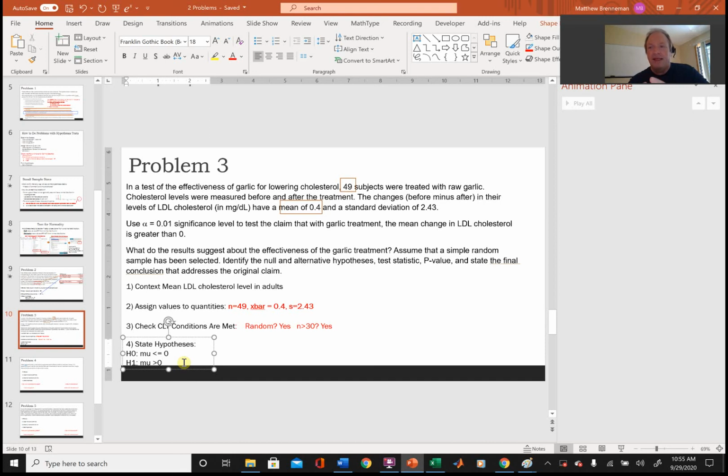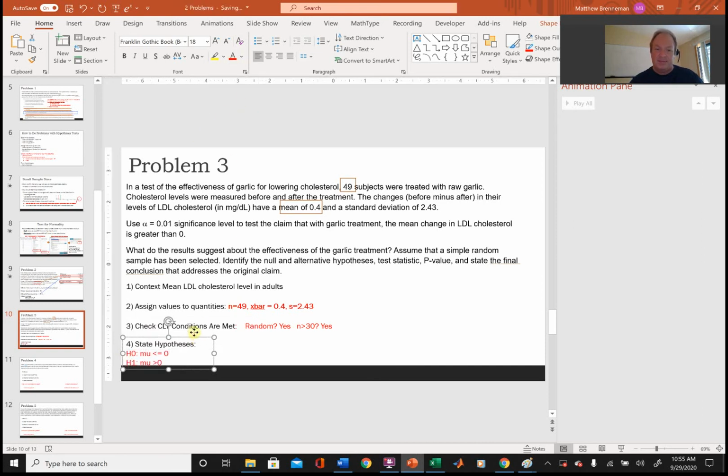Remember that the data is always in favor of the alternative. This is important. So the reason why I know unequivocally that this is true, besides the fact that this appears to be the research question I'd be interested in, is the fact that if I'm testing to see if the mean is greater than 0, the sample mean better be greater than 0.